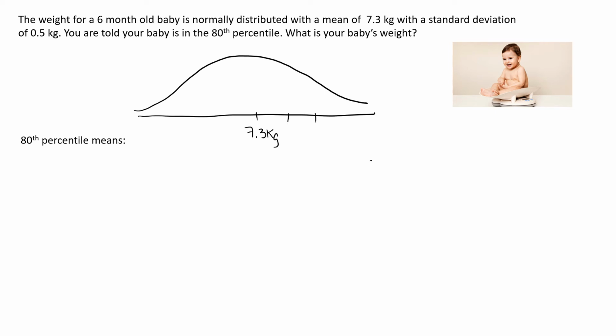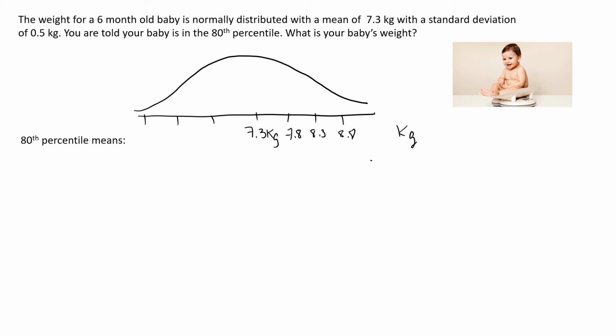So I'm going to do my 3 ticks. This is measured in kilograms. 3 ticks on the other side. And add 0.5 to each. So this is 7.8, this is 8.3, and this is 8.8.